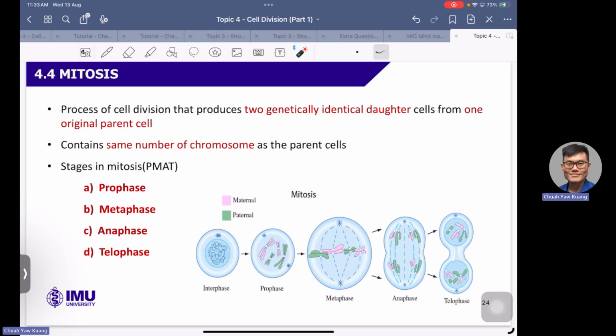When we go through the phases, we will talk about the first few things first. The micrograph I will leave to the last, after we finish all four phases. For the micrograph, it is actually very simple. Don't worry. Based on my experience, I have summarized tips for you to identify it.